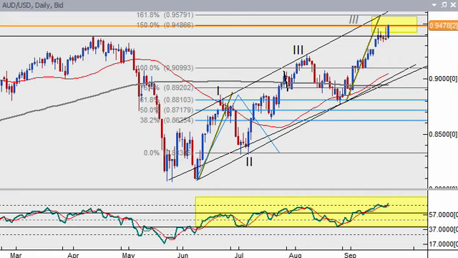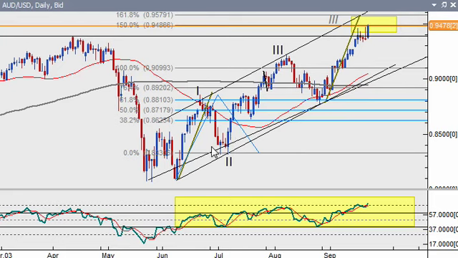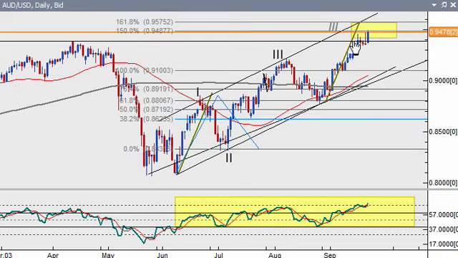The Aussie dollar is taking no break in rallying here. You see in this channel 1, 2, this is probably 3, 4, maybe 5, and if this 5 is the same swing as 1, then it is pointed towards the 0.9575 area, which is actually a 161.8 expansion of this first swing.